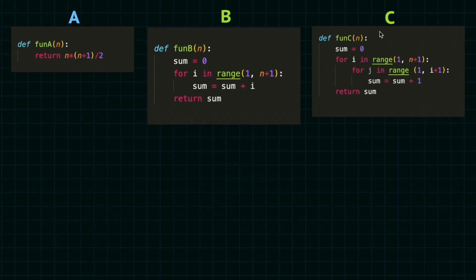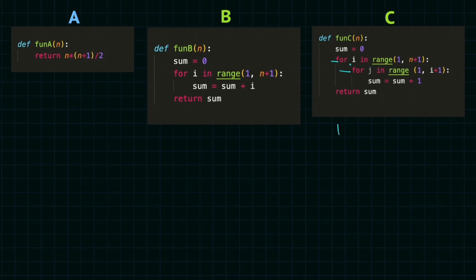And here is a solution written by the third programmer. In this program, he has simply used 2 loops. One loop is inside another loop; we call this a nested loop. So the outer loop will run n times and the inner loop will run i times. In the first iteration, the value of i will be 1. So the inner loop will run 1 time and it will add 1 to the sum 1 time. So it will be 1.